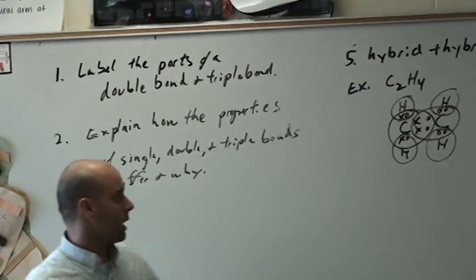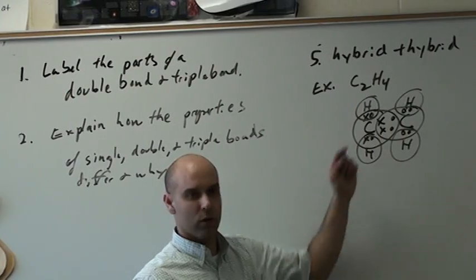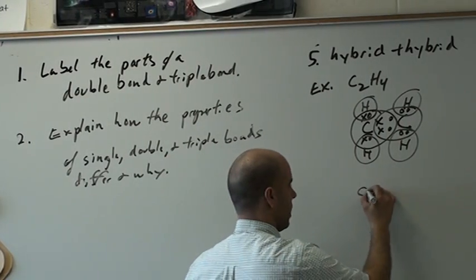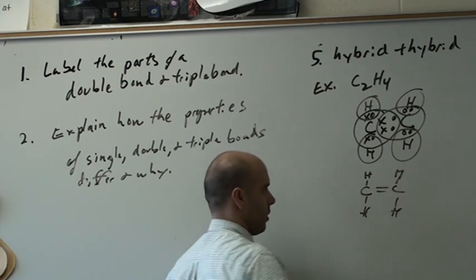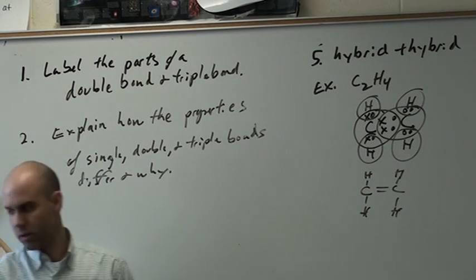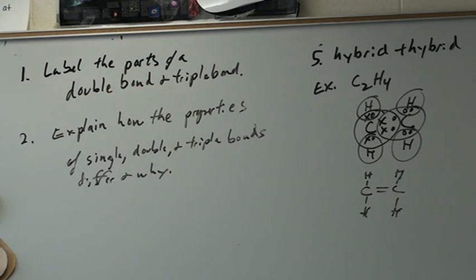And so this way I can get 8 around the carbons and 2 around the hydrogens. So I end up with a double bond between those 2 carbons. So while you copy that down, I'm going to submit appendix.